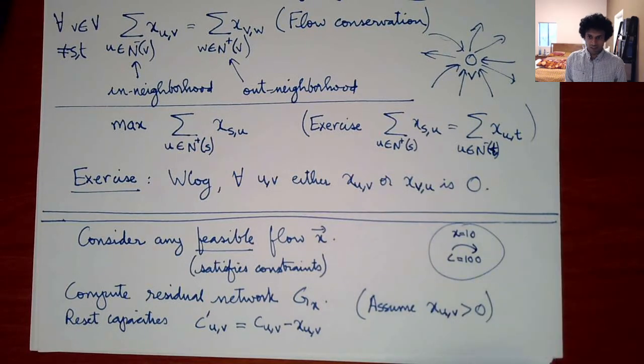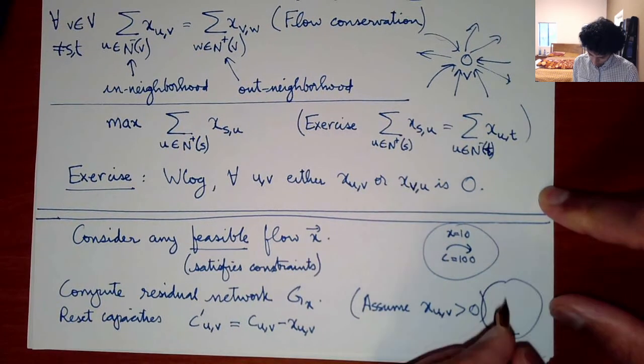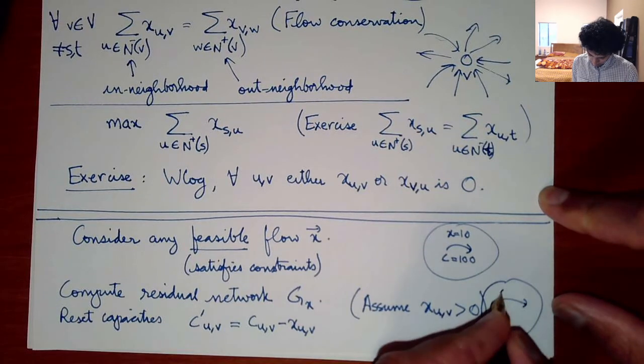It means that the residual capacity of this is 90 units. It's just saying that you reduce the capacity of that edge because you're already sending 10 units of flow. So in your residual network, you will set the capacity to be 90.